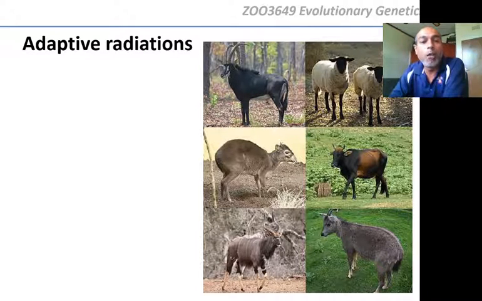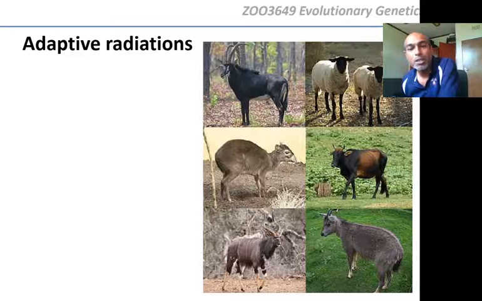One of the classical cases of an adaptive radiation is that of these animals you see here. So, on first glance, these animals look quite different, right? Many of them are found in Africa. Here's the nyala, here's a sable, here's a duiker, cow, sheep, a kind of goat. So, what are these animals? They're a certain kind of animal.